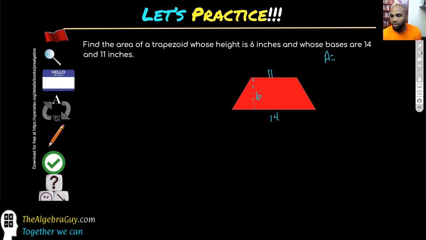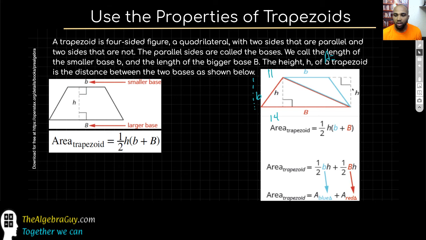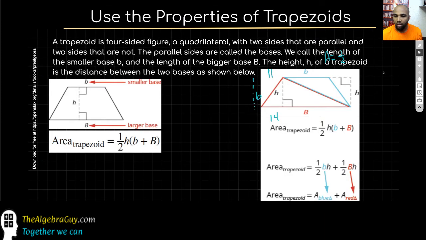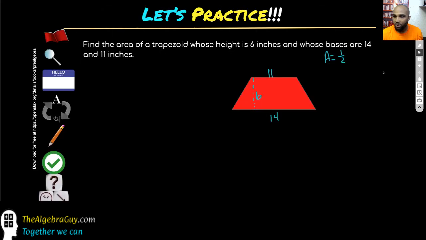Let me go back up and see. 1/2 height, little b plus big B. So 1/2. I forgot that quickly. 1/2 height, yeah. Height, little b plus big B. All right, there we go. I'll try to leave that up there for my sake, if nothing else.